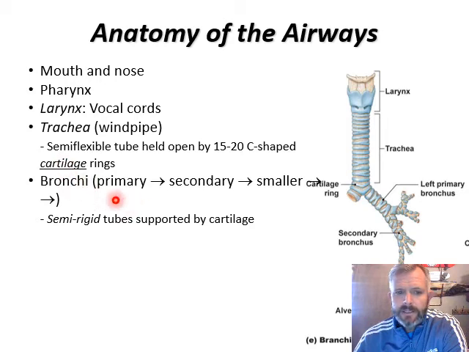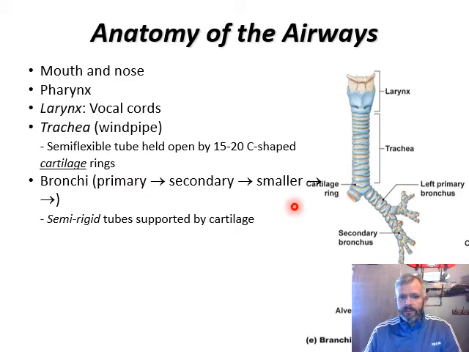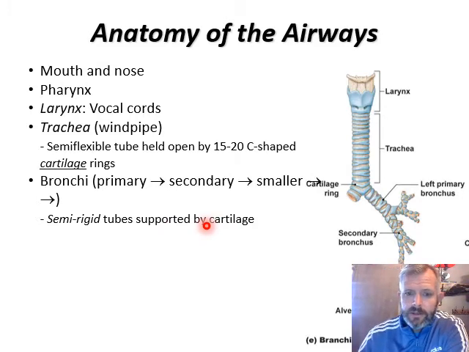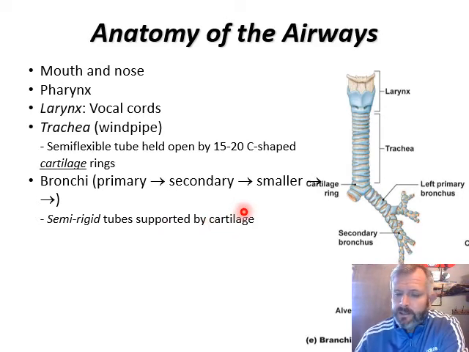It bifurcates into the primary bronchi, since there are two, plural, and then the primary break into the secondary, into these smaller ones, and these are semi-rigid tubes supported by cartilage, so we don't get collapsing of these.